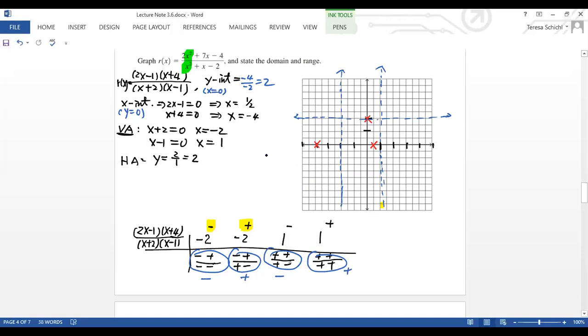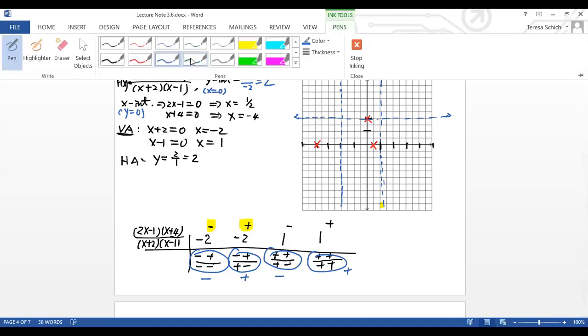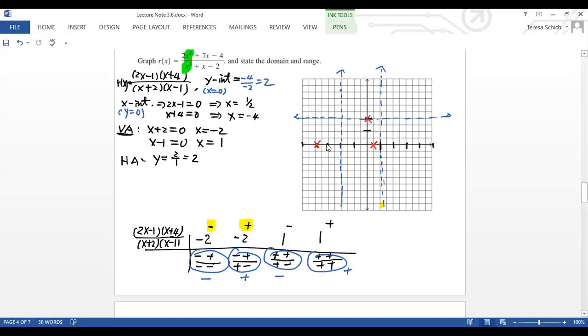I know my graph passes through here and touches the asymptote. From the left-hand side of negative 2, my graph is going to go down, and that's why my graph goes like this.